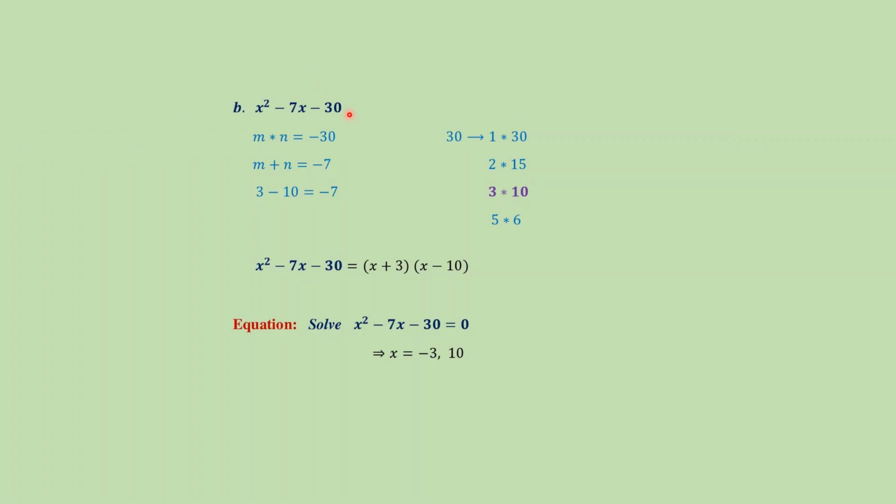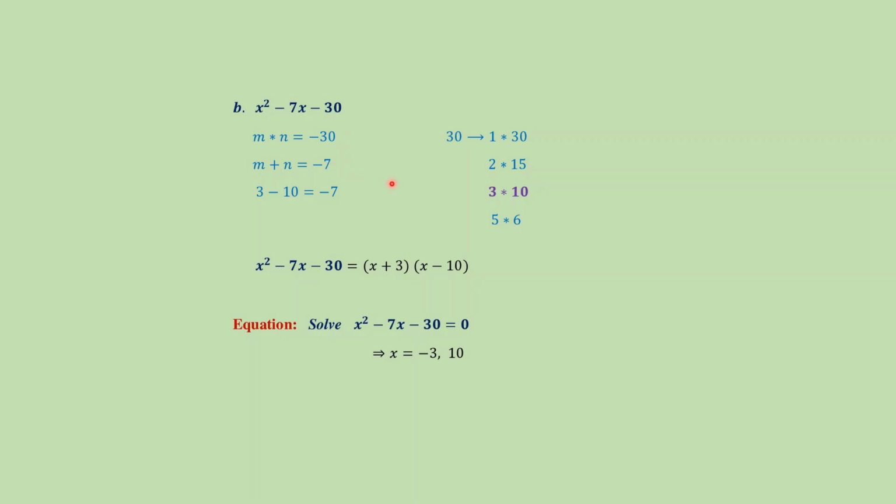One more example. Here m times n is negative 30 and m plus n is negative 7. Since m times n is negative 30, the roots will be in opposite sign. Again, since m plus n is negative 7, the bigger root will be negative.